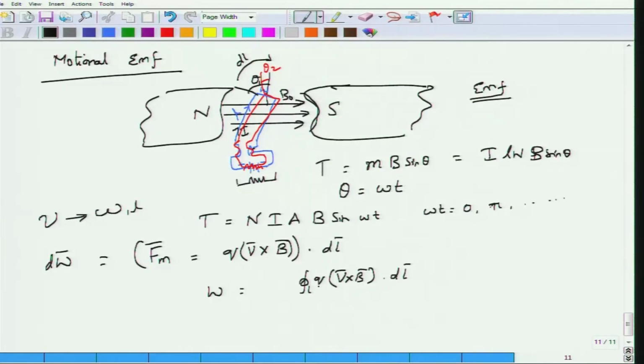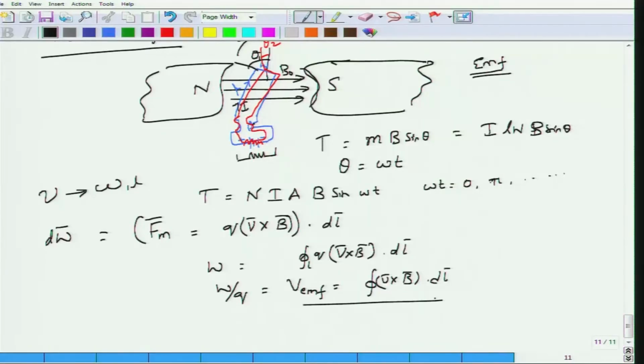Now, I know that work done per charge gives me the potential or the EMF, and therefore, this EMF is given by the closed loop integral of v cross B dot dl, and this integral which you have obtained is called the motional EMF.